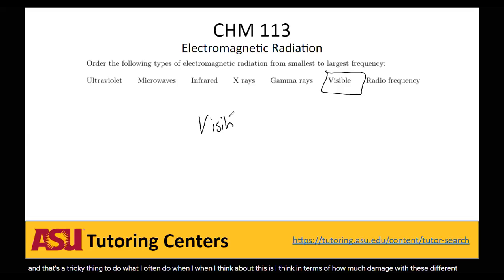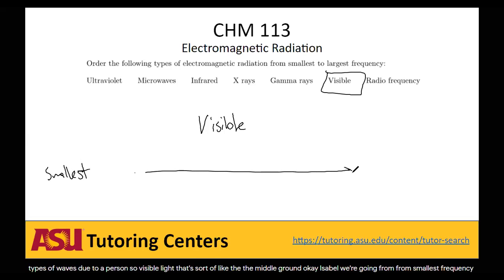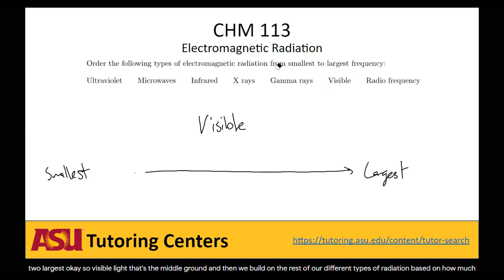And we're going from smallest frequency to largest, okay? Then we build on the rest of our different types of radiation based on how much damage they will do to us. So if I'm looking for the most damaging rays, just think in terms of real life.